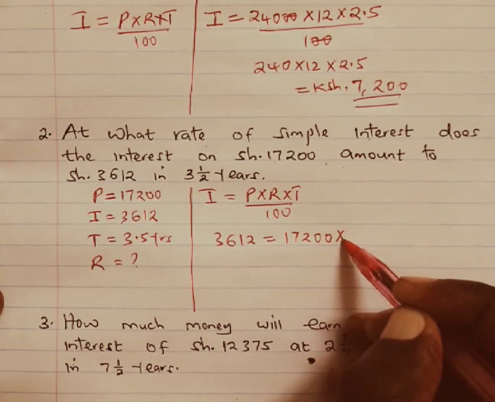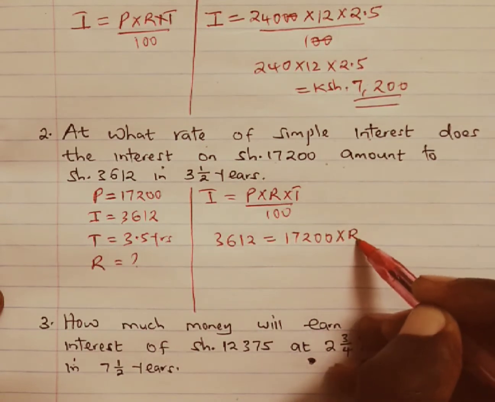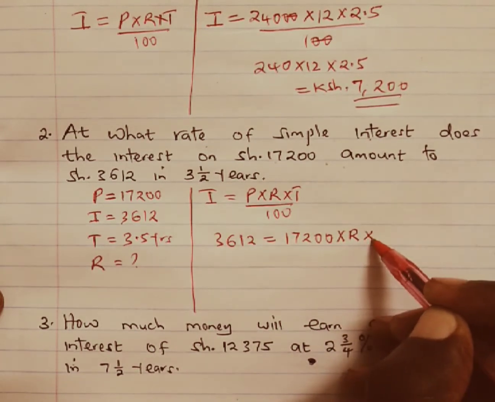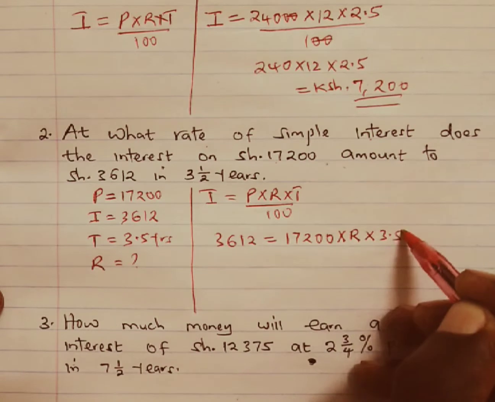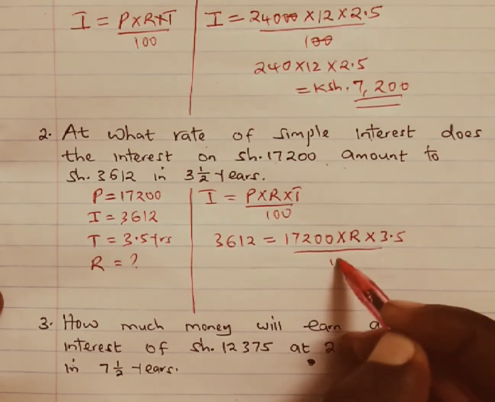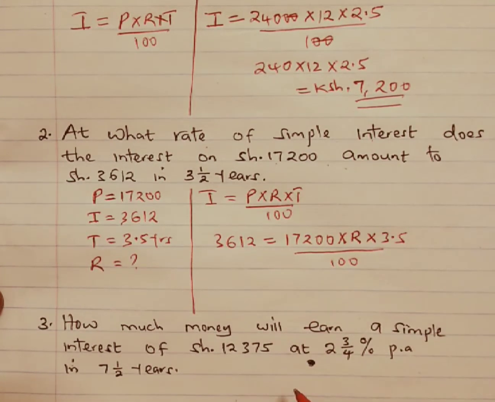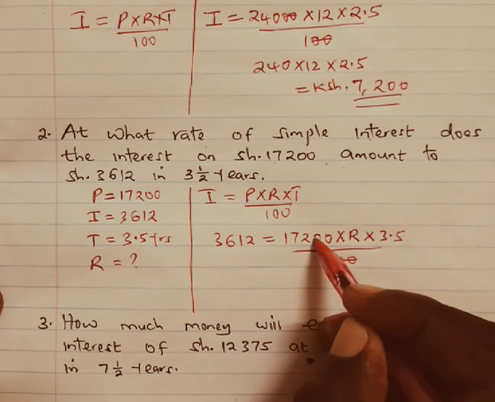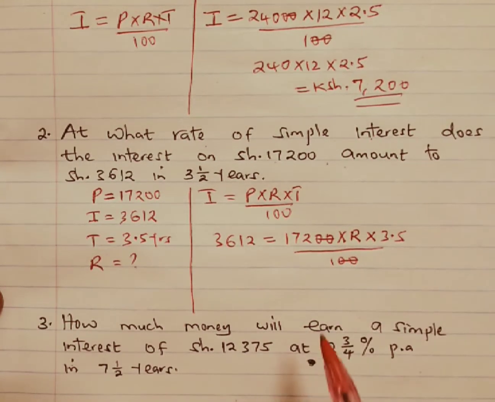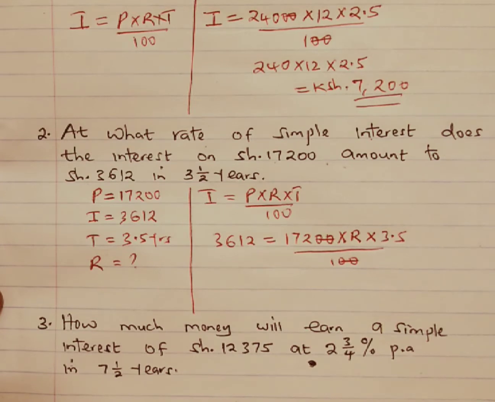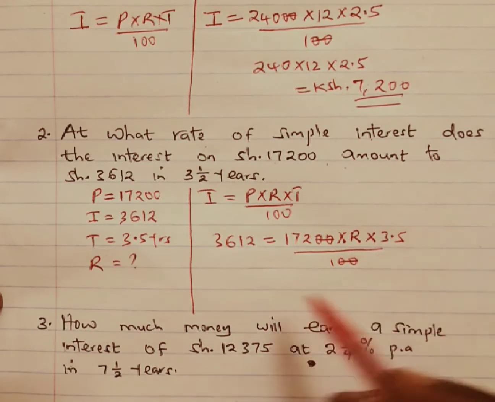We multiply by the rate of interest, which we don't have, then of course times the time, which is 3.5, everything divided by 100. So the two zeros will cancel with the two zeros, such that we have 172. We multiply by 3.5, and that gives us 602.